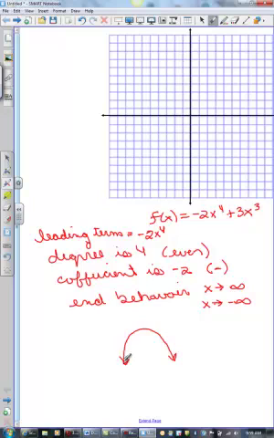We don't have to get fancy. I'm just asking for a sketch. Okay? So I know because of my leading term test, because my degree is even and my coefficient is negative, the end behavior as x approaches negative infinity is going to be decreasing, and as it approaches infinity, it's also going to be decreasing. Okay?